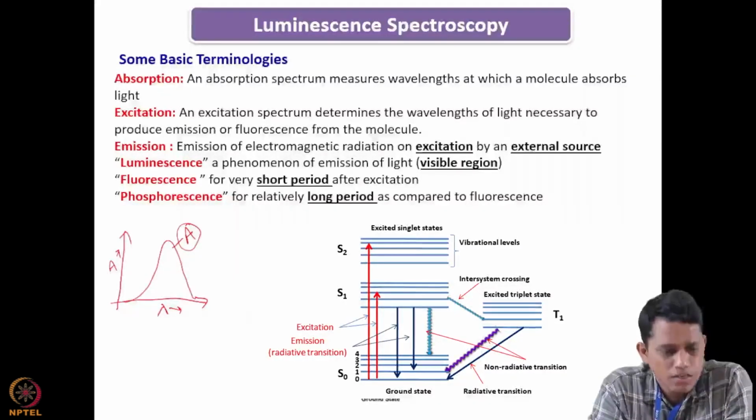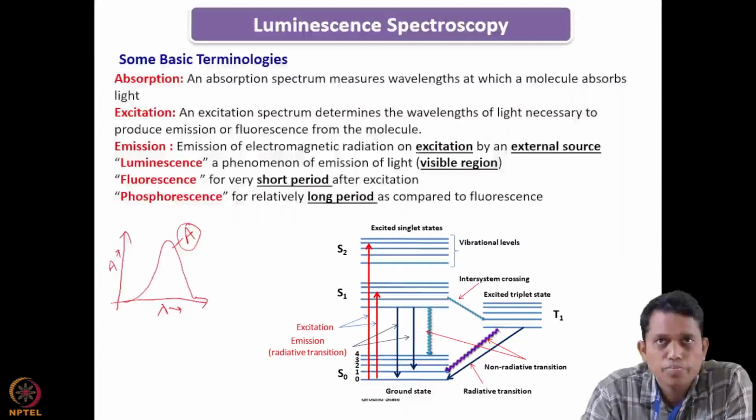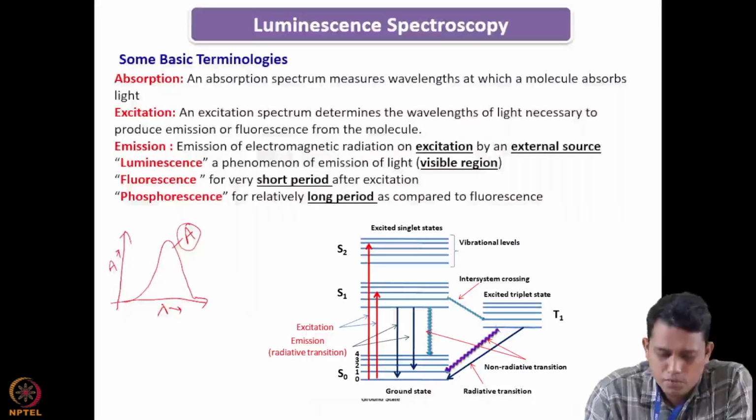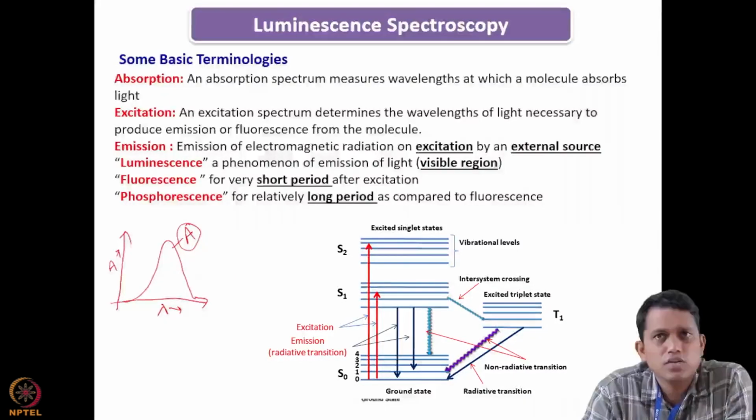You can say that emission spectra is, if you see the simple Jablonski diagram here, we know that absorption starts from the ground state to any excited state, like singlet 1, singlet 2, and there with vibronic relaxation it comes back to the ground state of the first excited state, and from there it can either go by intersystem crossing to the triplet or come back.